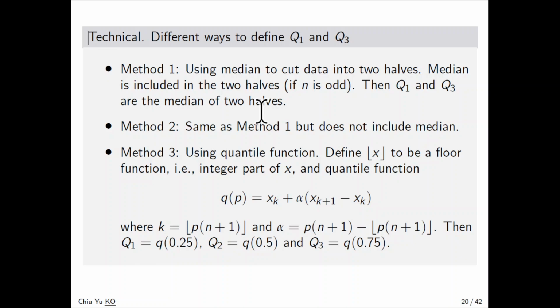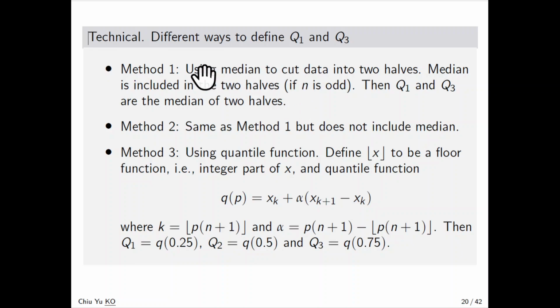First, the median is uncontroversial; it gives you the second quartile. Then we use this median to divide the data into 2 parts and find the median again in each half to calculate the first quartile and the third quartile, and then we have the IQR. Whether the median is included in the 2 halves is the only difference between method 1 and method 2.